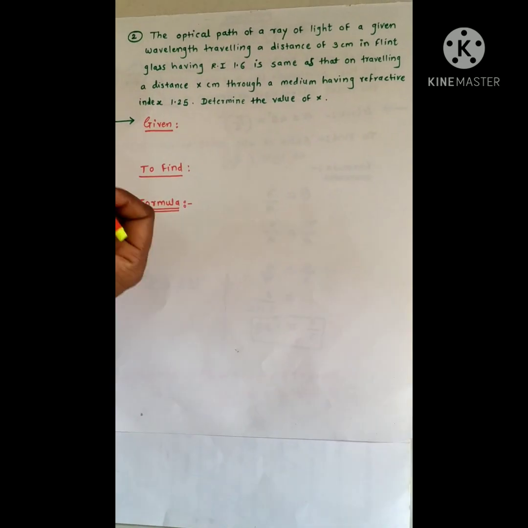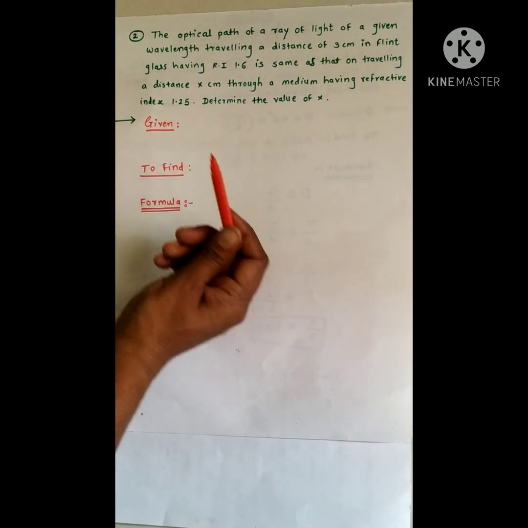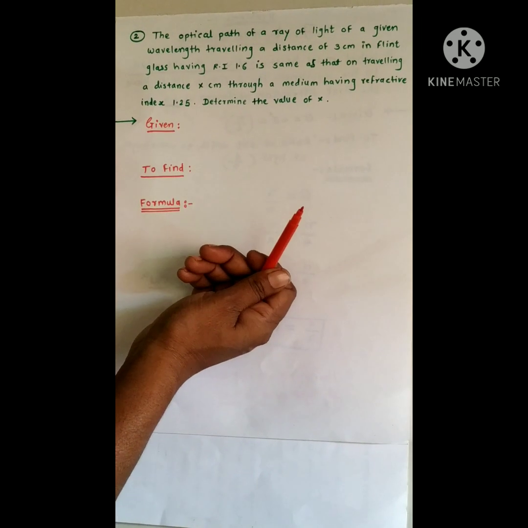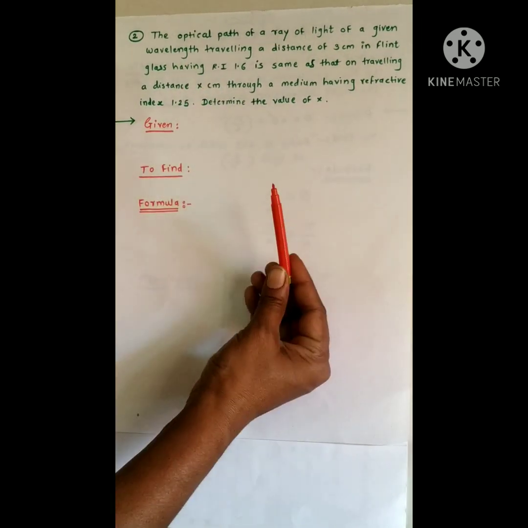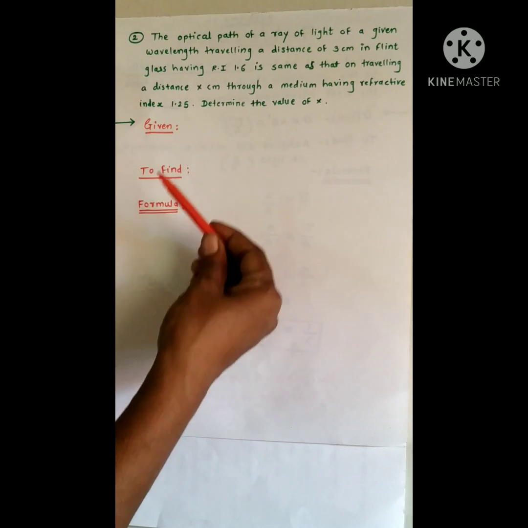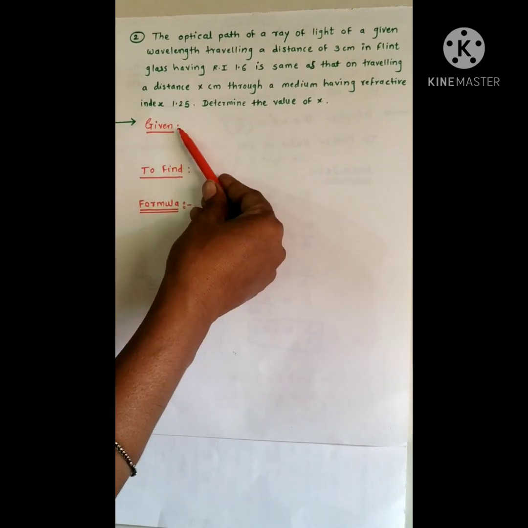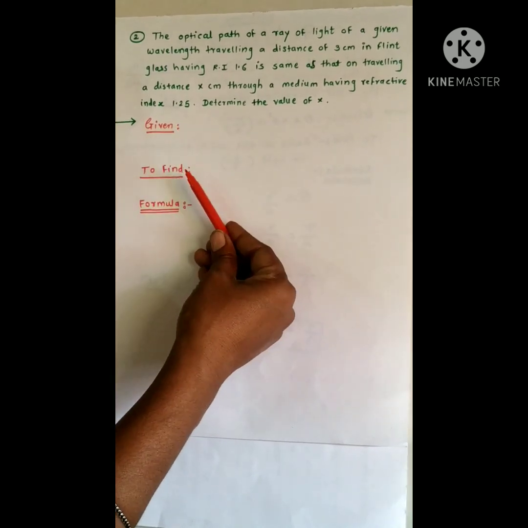Now students, second problem, see here. I will write here second problem. First of all, we will read the problem and then write what the given quantities are and what we have to find out.